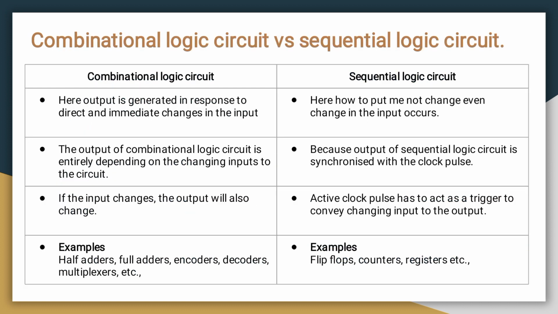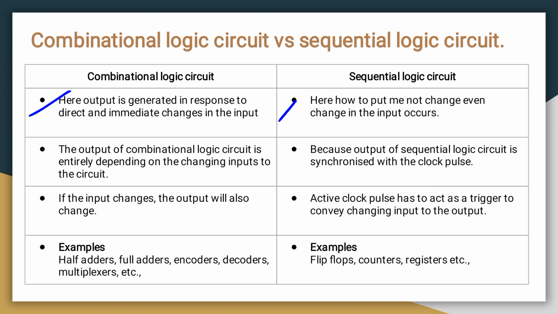Next is the difference between the combinational logic circuit and the sequential logic circuit. As we already know, the combinational logic circuit consists of two or more logic gates with logic gate levels, so the output depends totally on the input. The sequential logic circuit is not totally dependent on the input.